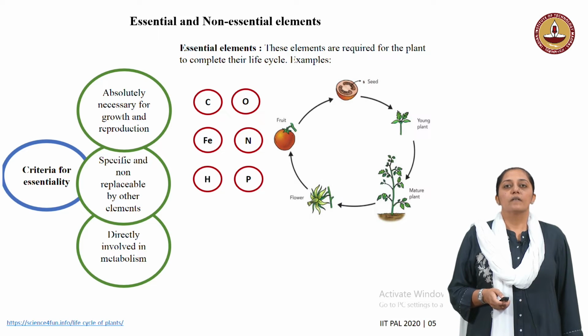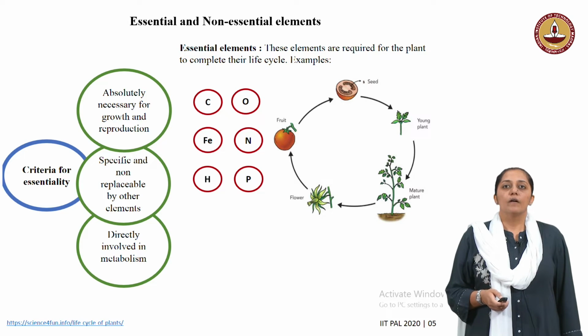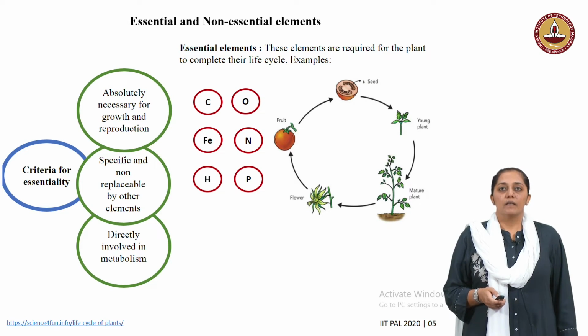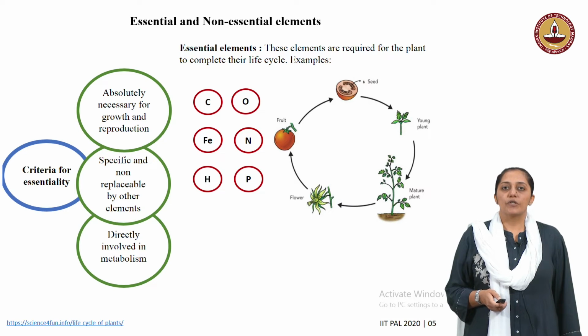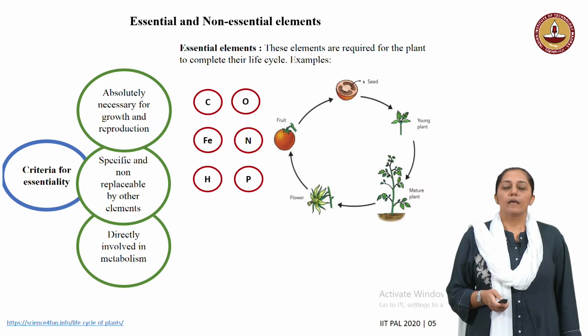As shown in the picture on the slide, the life cycle of a plant is being demonstrated, beginning from the seed, the young plant, going to maturity, then the flowering, fruiting, and then again coming back to the seeding.